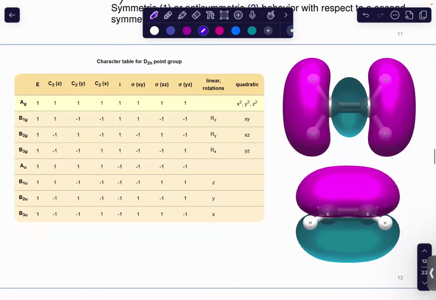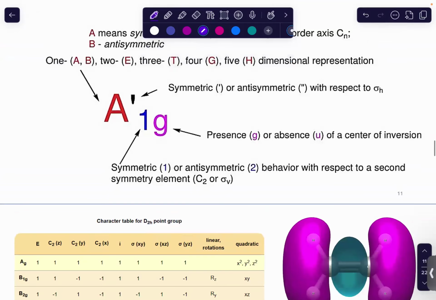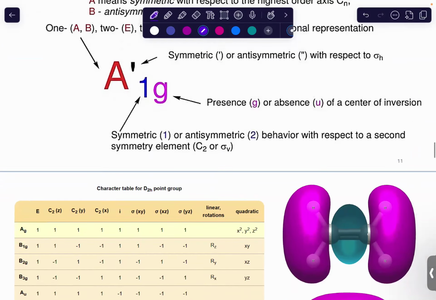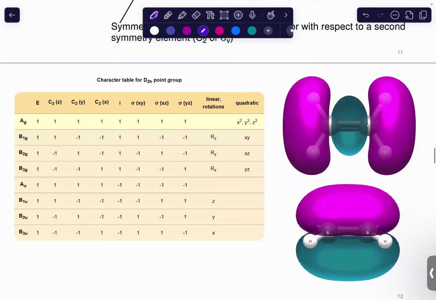Ethylene is a D2h molecule. Up here we have primes, A's, B's, E's, T's, 1's, 2's, G's, U's. When you're looking at the symmetries for the orbitals of a molecule, you are limited to the symmetries in the character table for the molecule. I can't have any A primes, I can't have any A1s, I can have B2s, I can't have B primes. These are the symmetries I'm limited to.